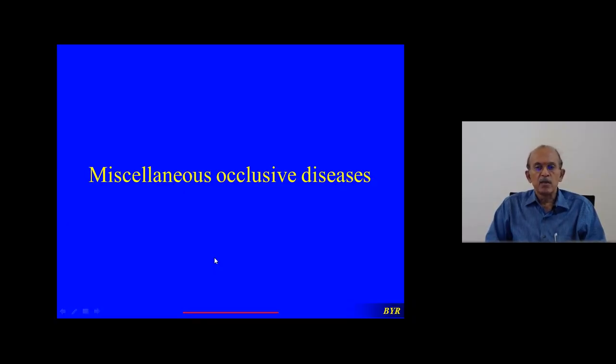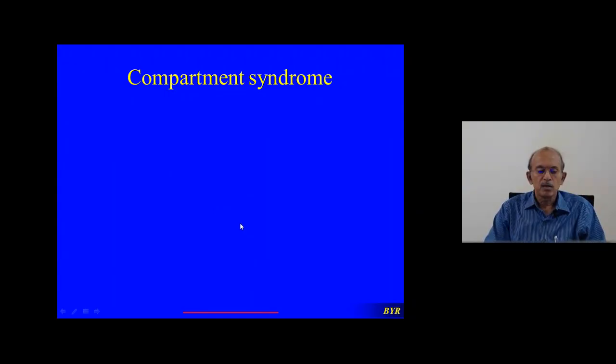Buerger's disease can be given in theory as well as in the clinicals. Okay, if you have no doubts, we'll proceed to the miscellaneous occlusive arterial diseases.